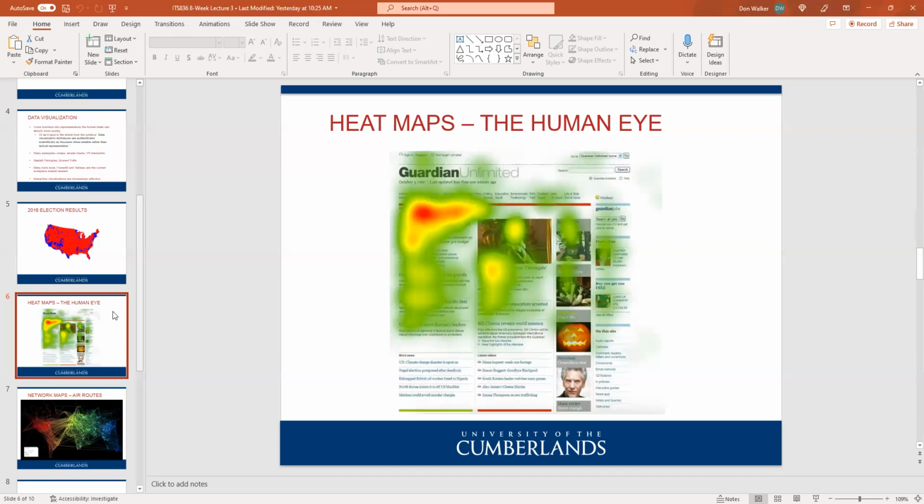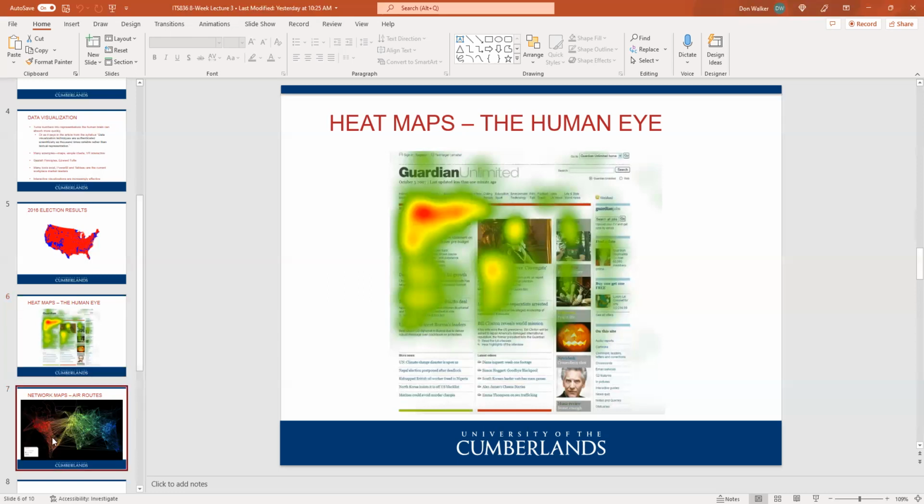That means that people looked at it and kept their eye on that image for just a little while, and it registers that location and time data, and goes from clear through green, through yellow, and into red. Just like when they're showing temperatures on a weather map.